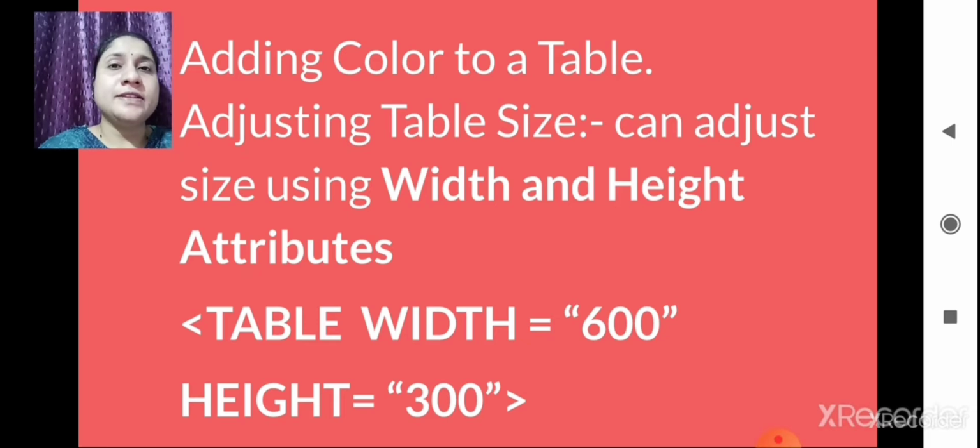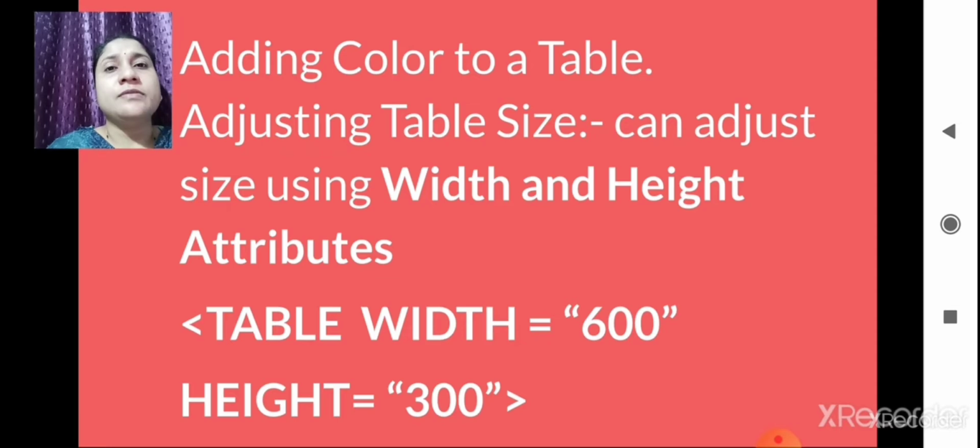Next we are going to see adjusting table size. We can adjust the size of a table using which attributes? Width and height. By using the width and height attributes we can adjust the size of a table. We can specify the table size in pixels of the browser window.